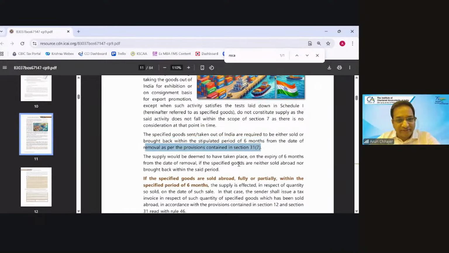What is 31.7? 6 months. Correct? Goods are required to be brought back. So if the goods do not come back within this time limit, then what to do? It will be considered as deemed supply.